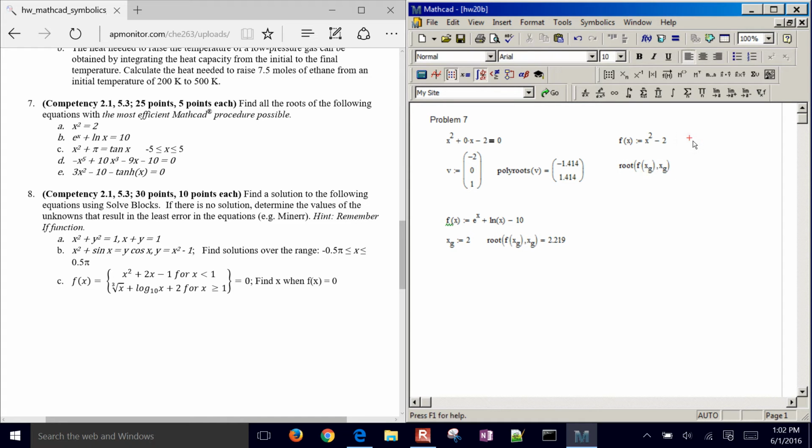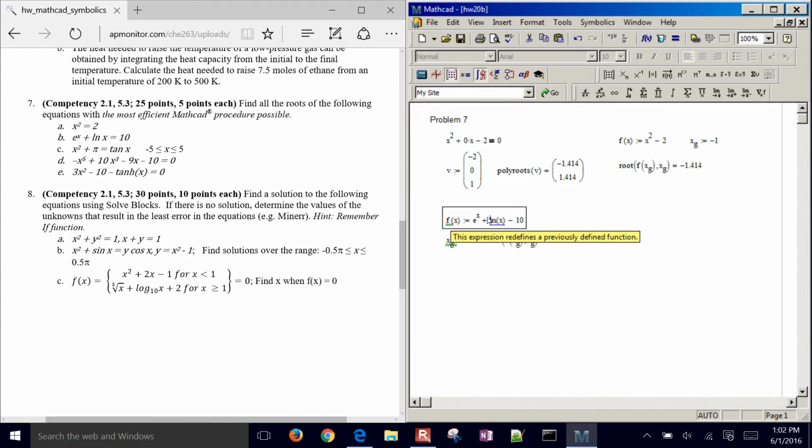With a guess of 1, when I evaluate this, I come up with this higher root. If I put in -1, then it finds this lower root. Depending on where you give it the guess value, you might find one or the other of these solutions if they're multiple.